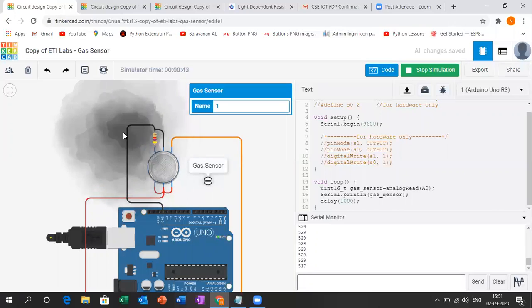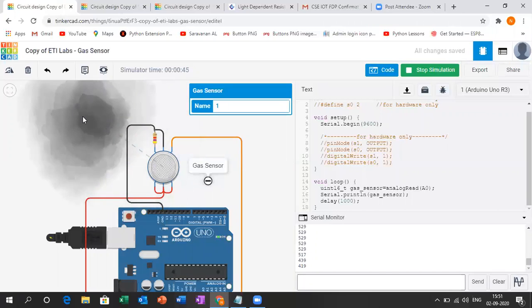And as I move this far from the sensor, the value goes to 322, which means the value is decreasing.